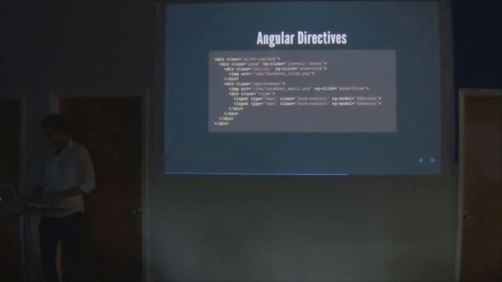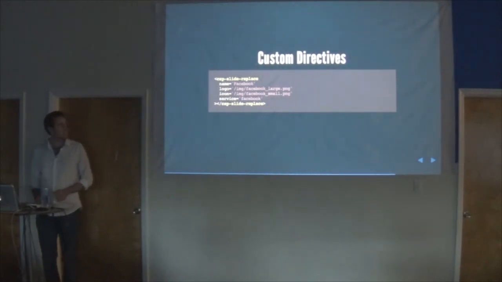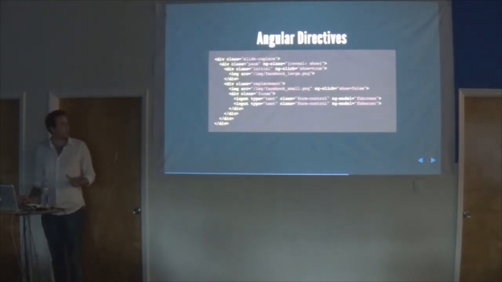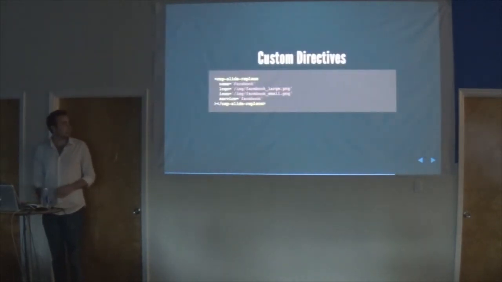Let me switch slides here. So this is essentially what we're trying to get. We want to change all of this code and boil it down so that we can create new ones that are genericized so that we have this new code to call it. You can see that we've named it CSP slide replace, and CSP is essentially a prefix.